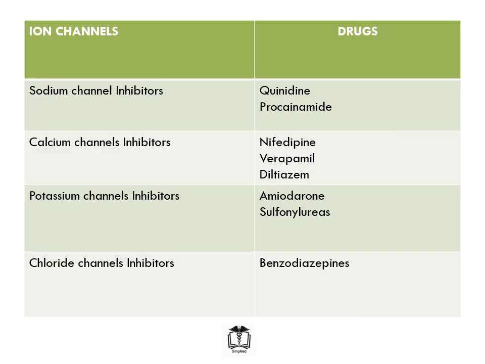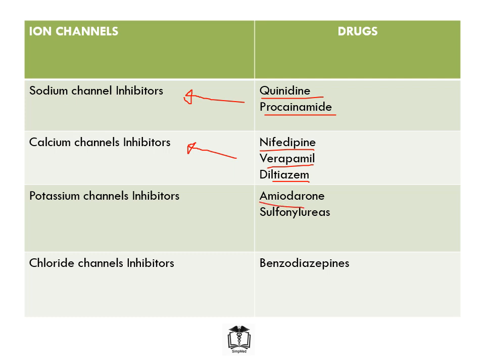For your exam, it's also important to note examples of drugs that act through ion channels. So we have quinine or quinidine and procainamide acting through sodium channels alongside the local anesthetic agents like lidocaine. We have nifedipine, verapamil, and diltiazem acting via calcium channels. So they're calcium channel inhibitors.